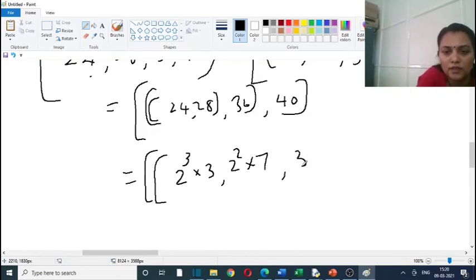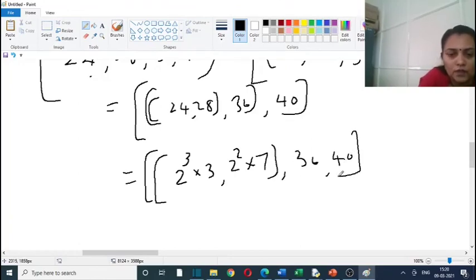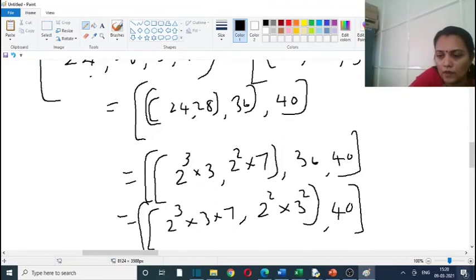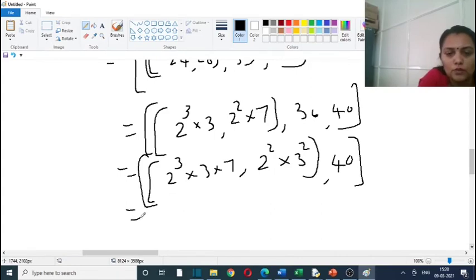The maximum of 2 cube and 2 square is 2 cube, so 2 cube into 3 into 7. Then with 36, which is 2 square into 3 square, the maximum gives 2 cube into 3 square into 7.